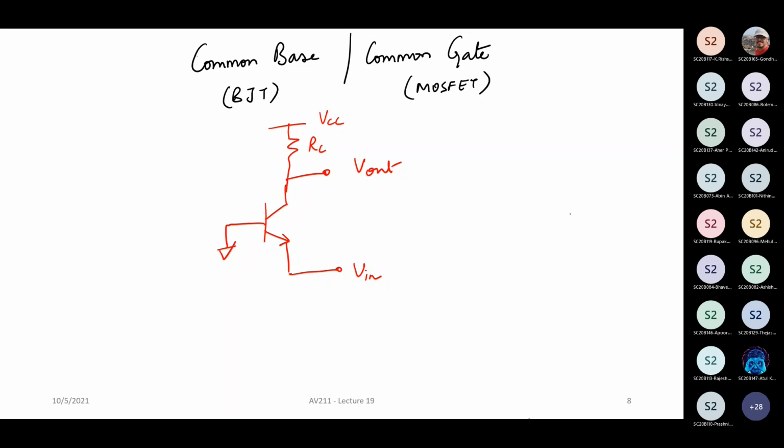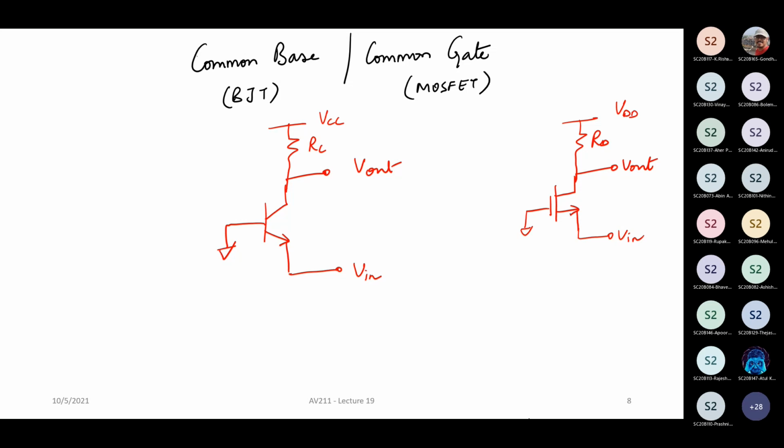This is a very fundamental way of understanding. In the same way, what can you say about an N MOSFET? The gate is grounded. At the source we take the input, and we take the output at the drain, right?